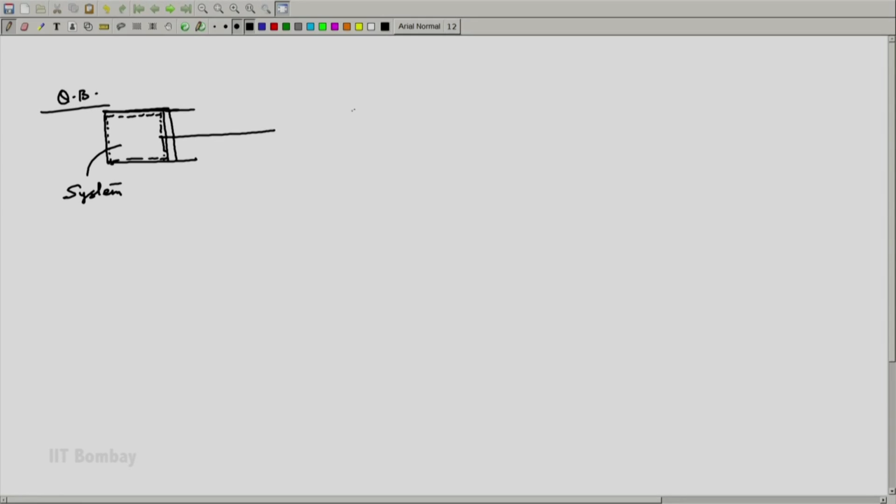Also we can draw the diagram on a PV plane. So this is P and V, and we can understand from the question that my initial state is in the saturated liquid region, and the final state is in the saturated vapor region. So these are point 1 and point 2, and this process happens at constant pressure and constant temperature.